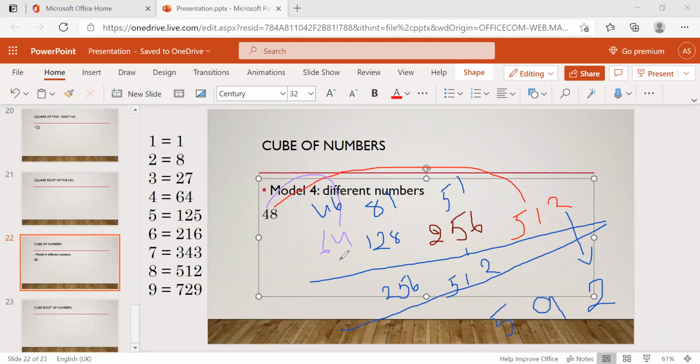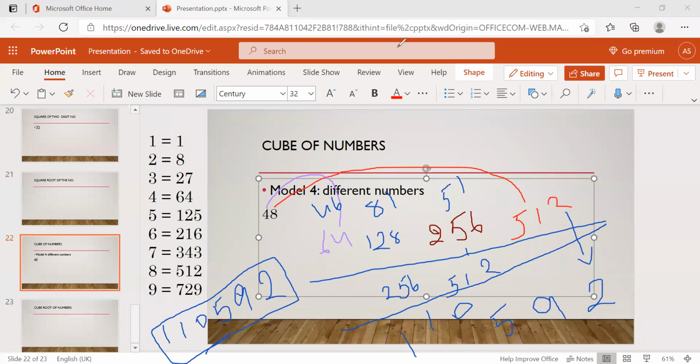So 64 plus 46, it's nothing but 110. So the answer will be 110592. If you have practiced some more problems, then you can find out this one. Okay. This is about the cube numbers.